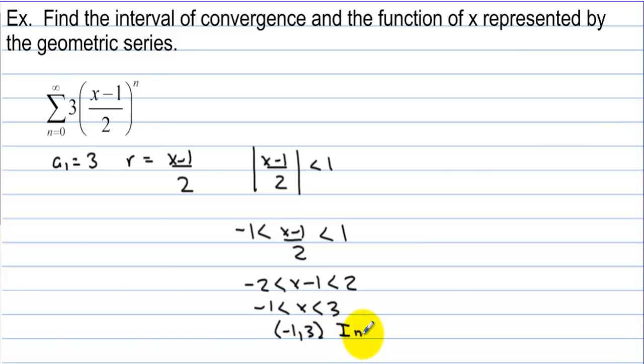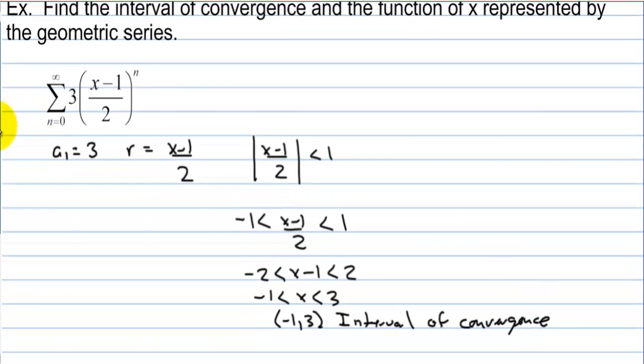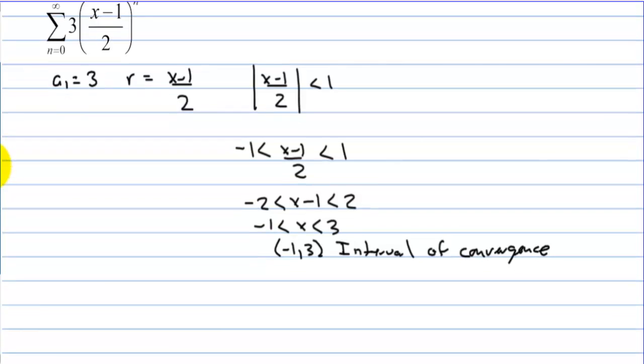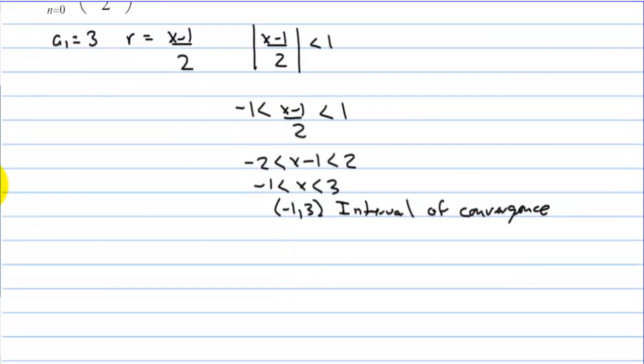So the interval of convergence is from -1 to 3. Now we want the function that represents this geometric series, and that comes from the sum. So the sum is going to be the function. And the sum is a sub 1, which is 3, over 1 minus r, which is (x minus 1) over 2.